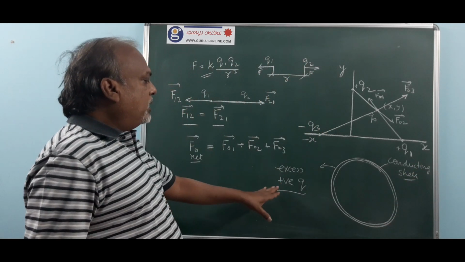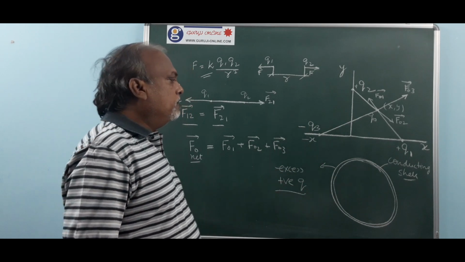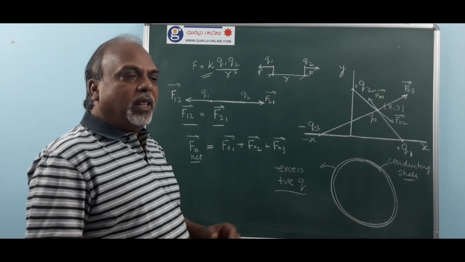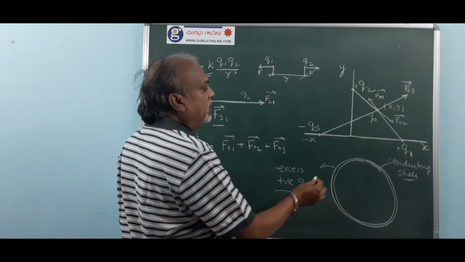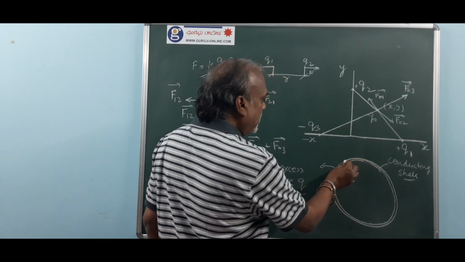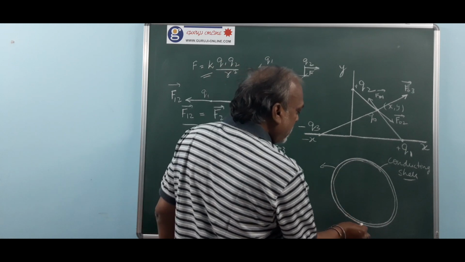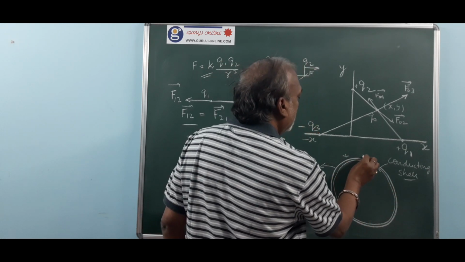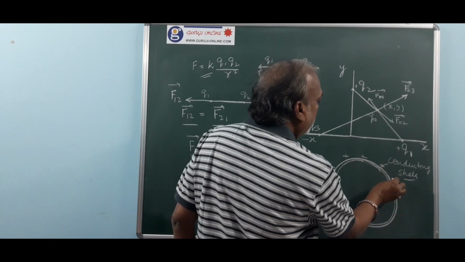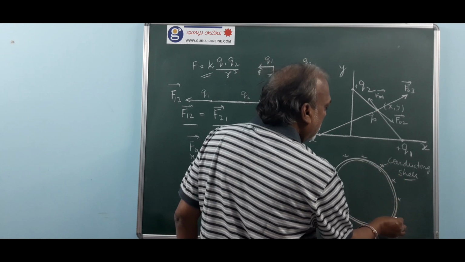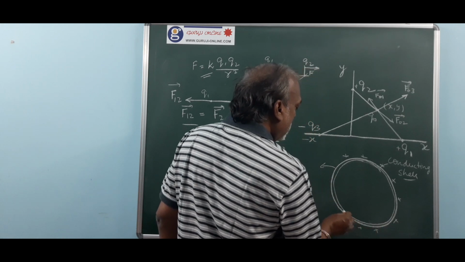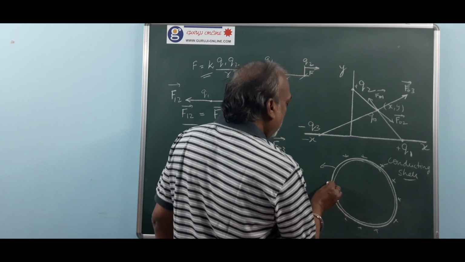Once you put the excess positive charge, within these positive charges there will be repulsion, and because of this repulsion it will distribute uniformly on the surface of the shell.